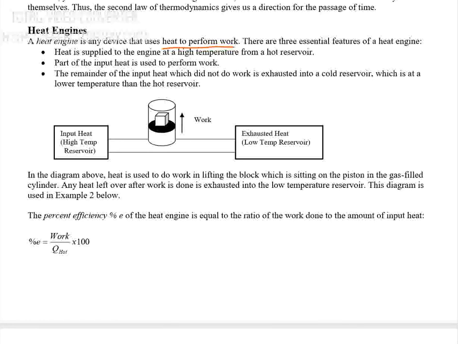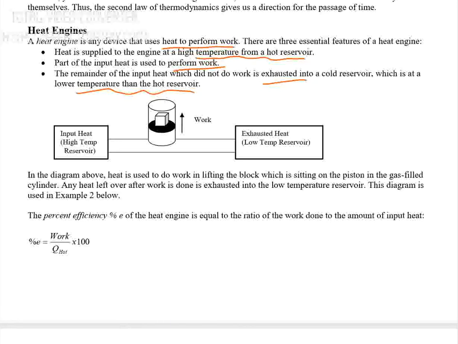The first one is heat supplied to the engine at high temperature from a hot reservoir. The second, part of the input heat is used to perform what? Work, and the remainder of the input heat does not do work. That is exhausted, or moved to a cold reservoir, which is at a lower temperature than the hot reservoir.